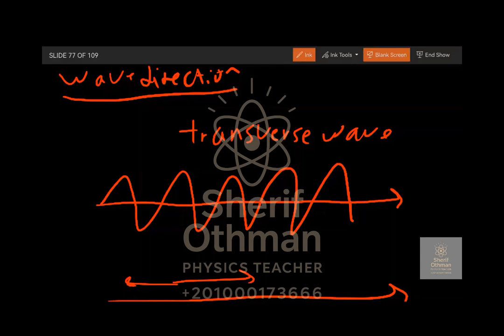So we call it longitudinal wave. So we have two types of mechanical wave, transverse wave and longitudinal wave. Transverse wave is a type of wave in which the medium particles vibrate perpendicular to the wave direction. Longitudinal wave is a type of wave in which medium particles vibrate along the wave direction.